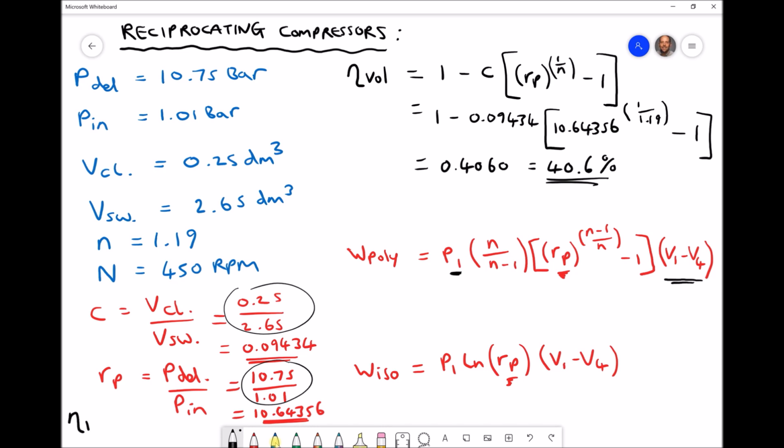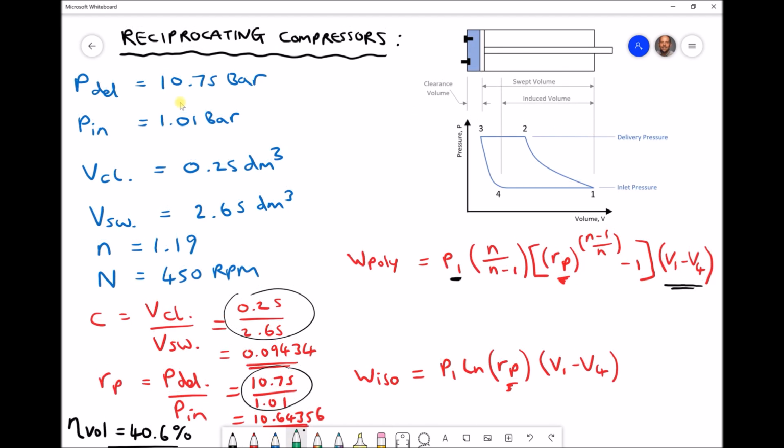We have volumetric efficiency equals 40.6%. Now the reason I'm going to make a note of that is because I want to bring back our PV diagram so we can understand what's meant by V1 minus V4, because it's a characteristic of our cylinder. Okay, so referring to our diagram on the screen here, we can see that V1 corresponds with a position here on our volume axis, and V4 corresponds with a location here on our volume axis.